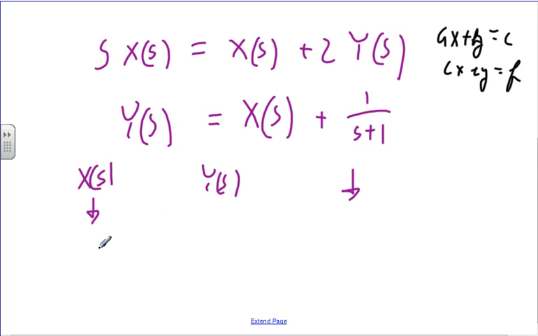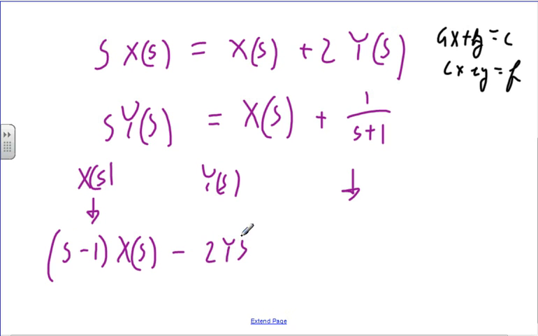Okay, that's our plan. Why isn't it s y of s in the second equation? Yeah, all right, that's better. So I've got s minus 1 times x of s minus 2y of s is equal to 0.